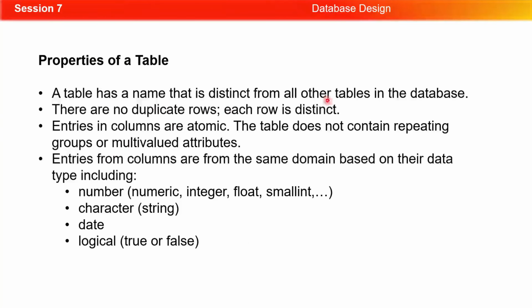Entries in columns are atomic, meaning they can't be broken down any further. The table does not contain any repeating groups or multi-valued attributes. If we need to add other attributes, we add other columns.